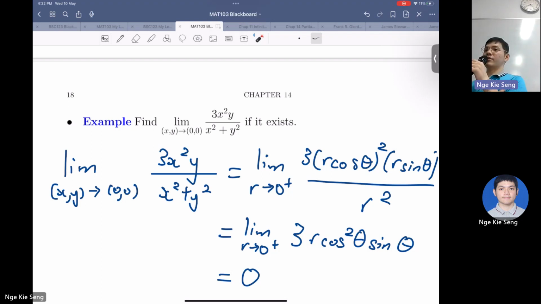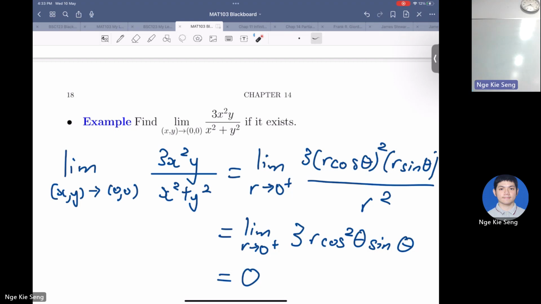When left and right are equal, only then can you drop the left and right. In polar coordinates, really you are going one way only.